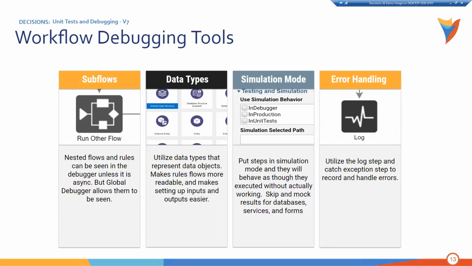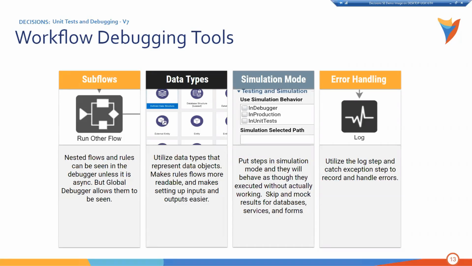I was just going to say, with the simulation mode, one of the things that we've added recently, in the past number of months, is the ability to see when the steps are in simulation mode. In the past, you could have steps in your flow that you could toggle simulation on, and you wouldn't necessarily know at a glance that it was. However, in the latest versions, we have put a little icon on it.